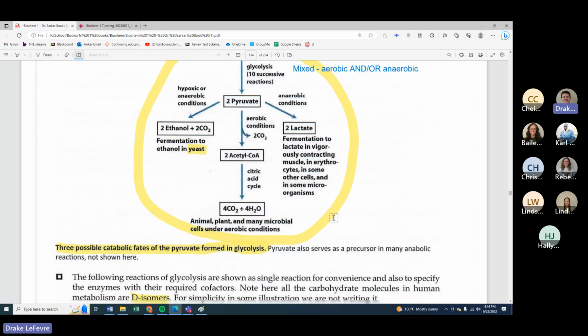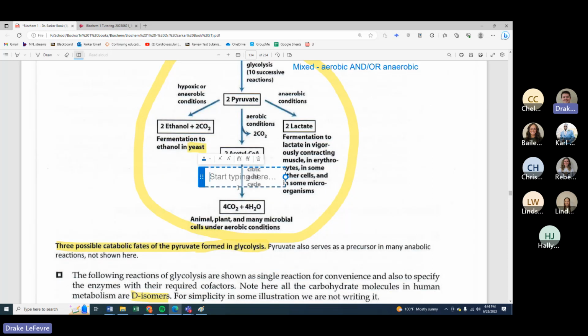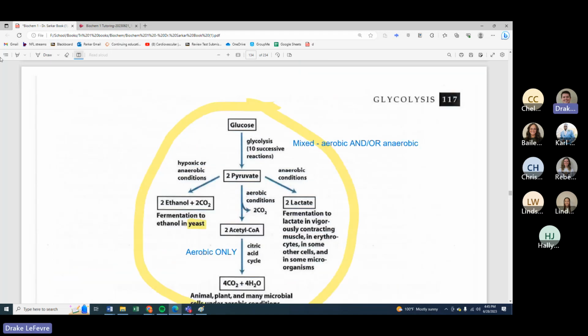When we get down to the Krebs cycle, the citric acid cycle, this is aerobic only. With oxygen, our pyruvate gets converted to acetyl-CoA and will go into the citric acid cycle. But when we do not have oxygen, our pyruvate gets converted to lactate, aka lactic acid.